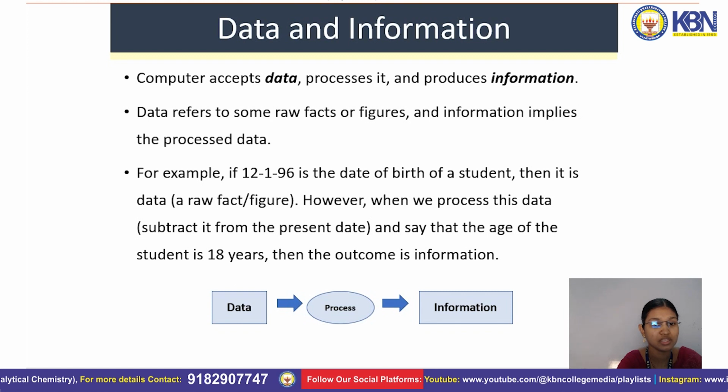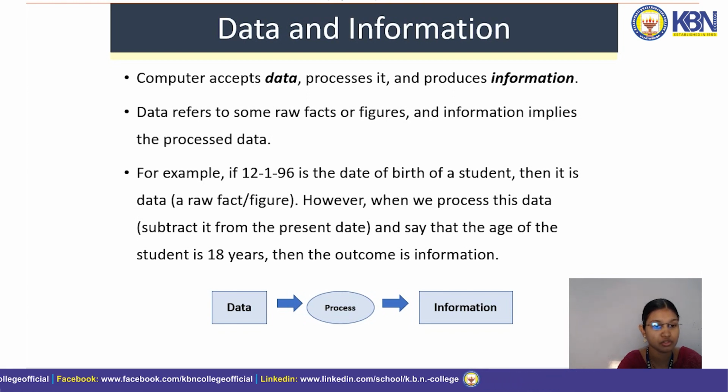We can process the data and say that the age of the student is 18 years. First, we take the student's date of birth, and we have to know the student's age. The data will be processed and give the student's age. Let's see the diagram. Data will be given by the user, processed, and finally gives the information.